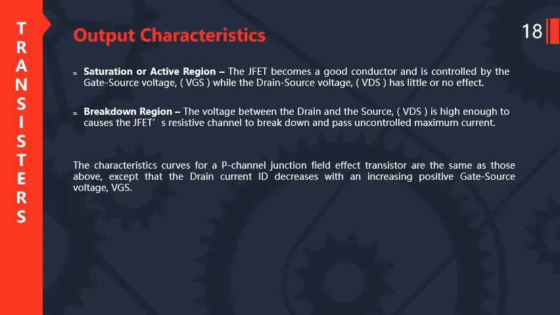The characteristics curves for a P-channel junction field effect transistor are the same as those above, except that the drain current ID decreases with an increasing positive gate source voltage VGS.